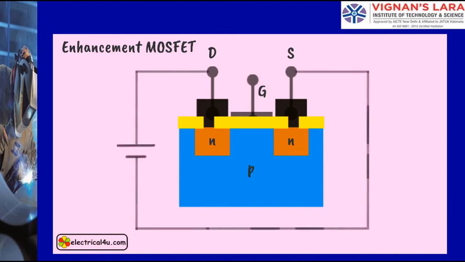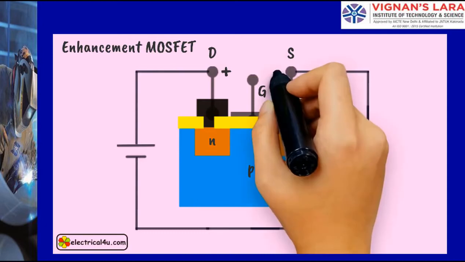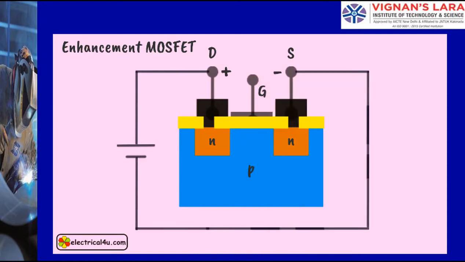Now, if a voltage source is connected across the drain and source terminals with the positive terminal at drain and the negative terminal at source, there will be no current flowing from drain to source, as there is no conducting channel between drain and source.